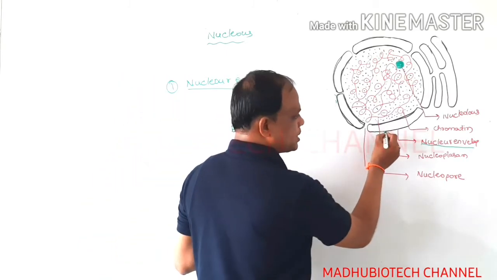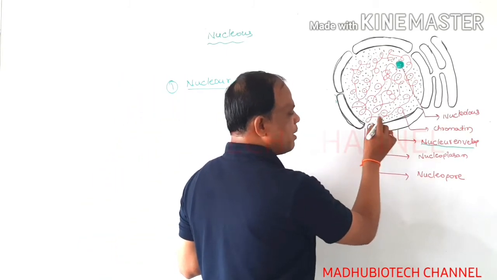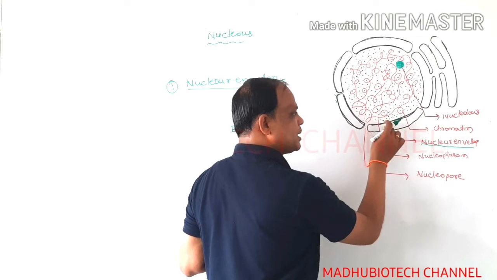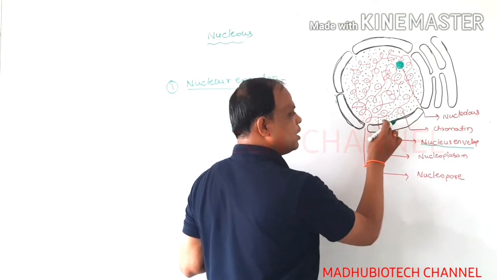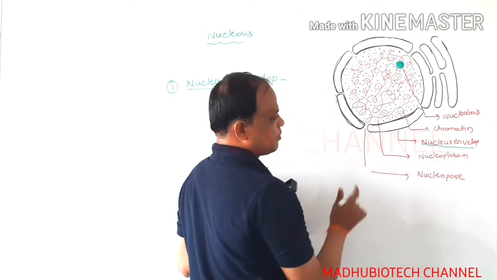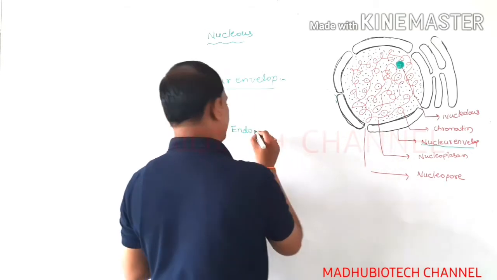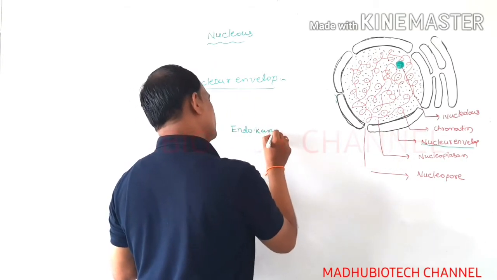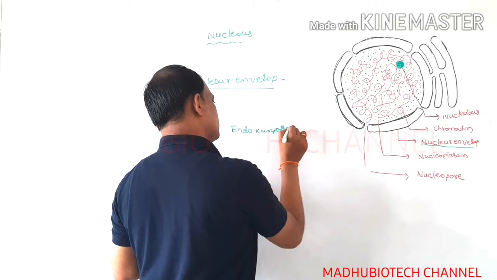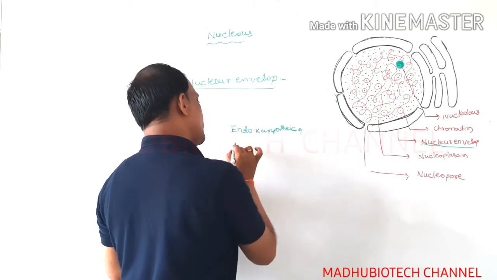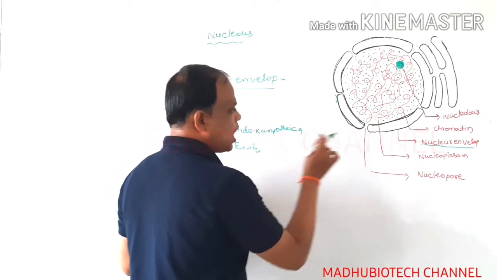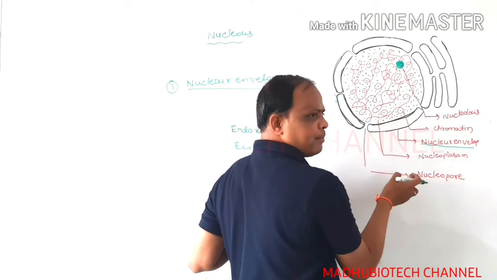The outer membrane is called the ectokaryotheca and the inner membrane is called the endokaryotheca.